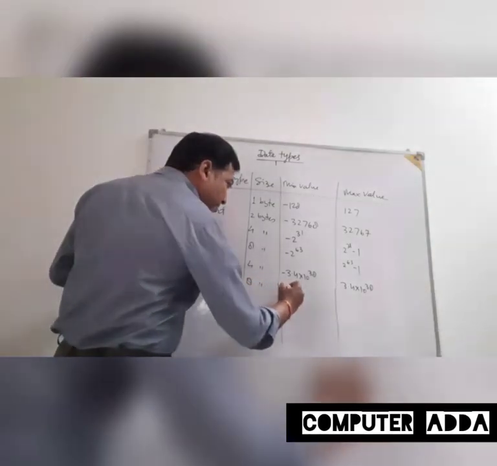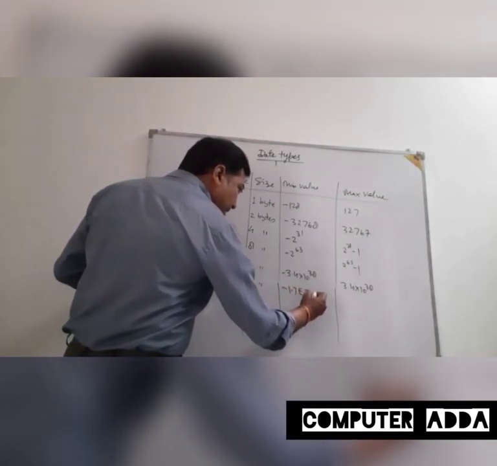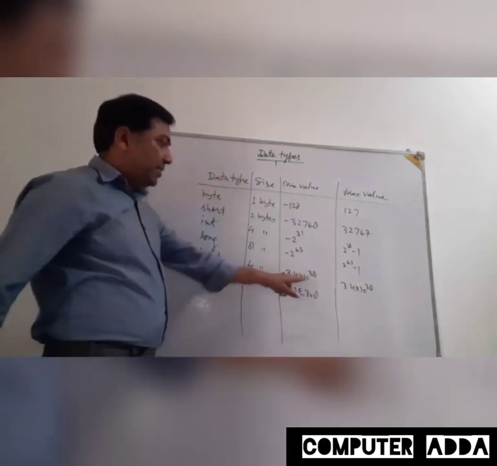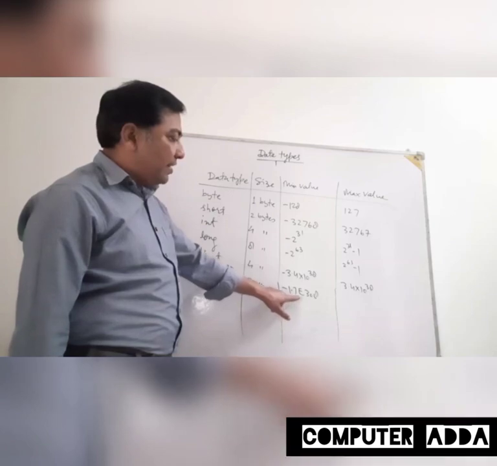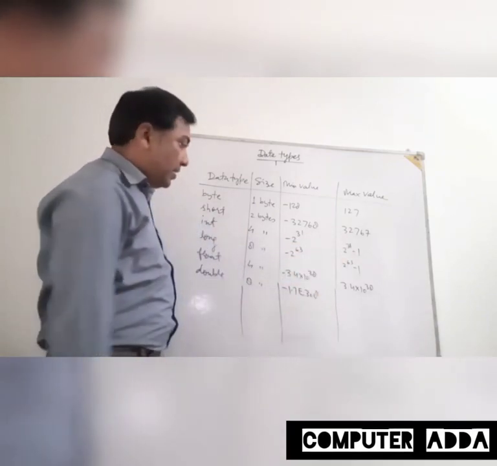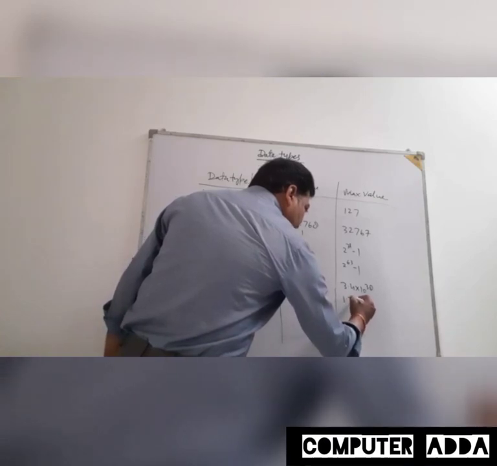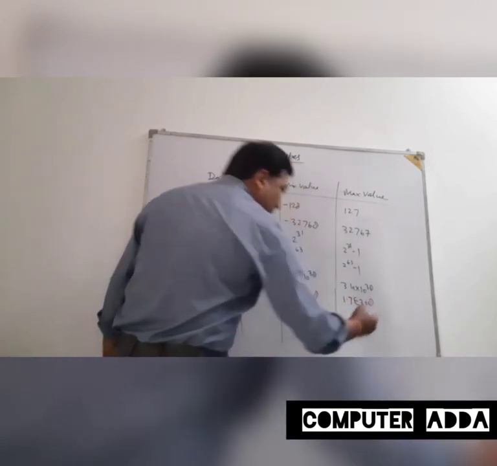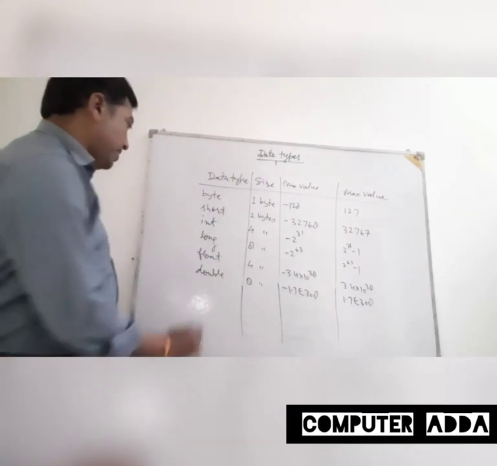The minimum value is minus 1.7 E308. E or base 10, both are the same. Here the meaning of this is minus 1.7 into 10 to the power 308, and in the same way 1.7 E308 means 1.7 into 10 to the power 308.